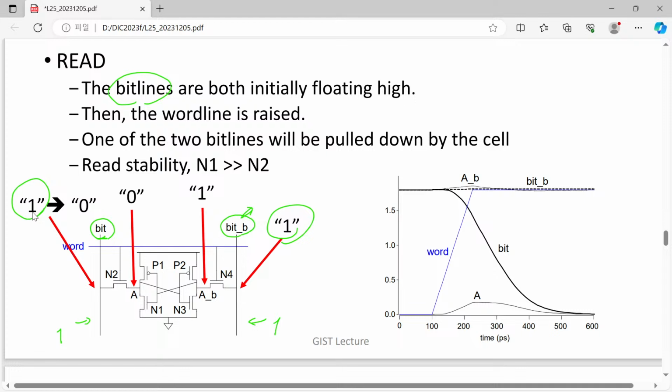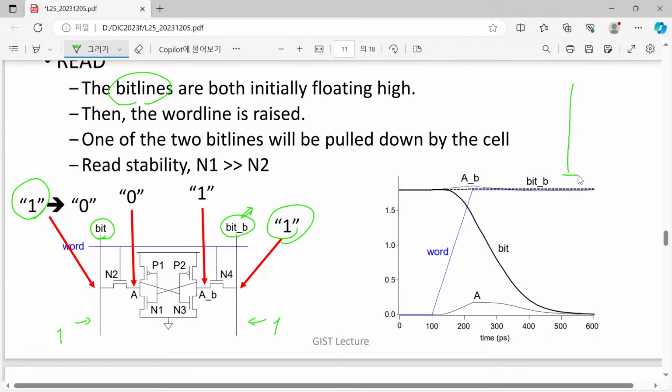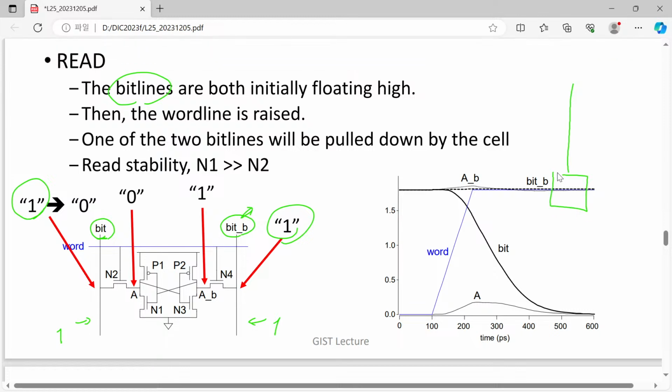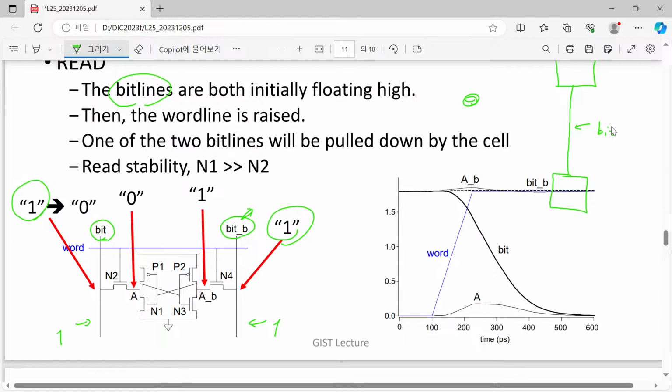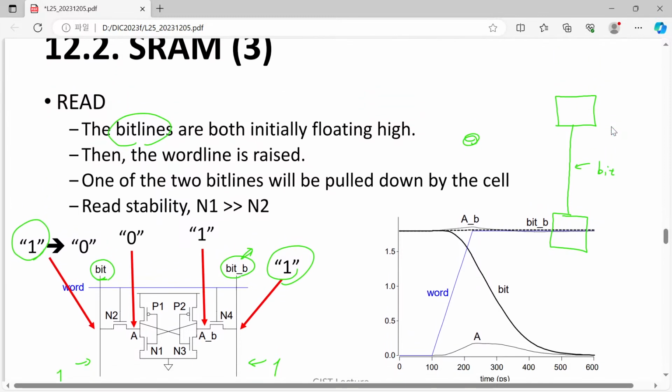How can we make this floating? Let's say we have a bit line, and in the lower part we have certain circuitry, and also in the upper part. How can you achieve this floating?